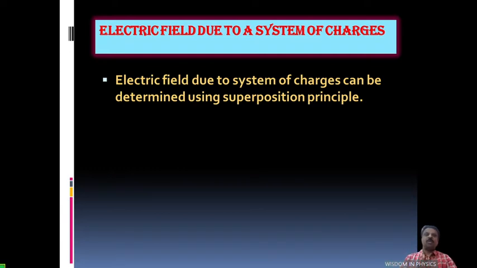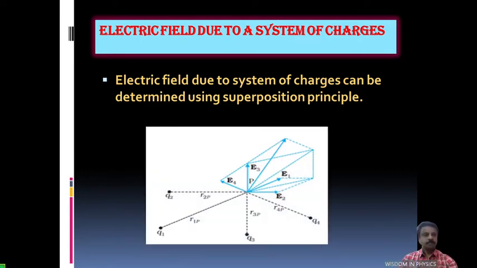When we have Q1, Q2, Q3, Q4 up to Qn, n number of charges in space or vacuum, how do we calculate the total electric field at a point P? That we have to discuss here. Look at the diagram. Here we have 4 charges: Q1, Q2, Q3, Q4.